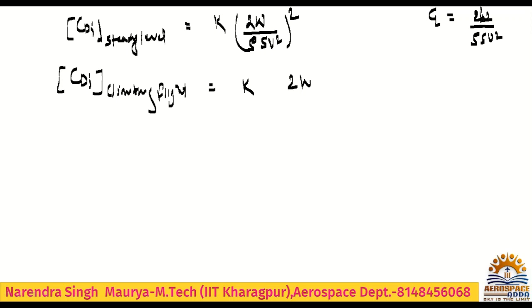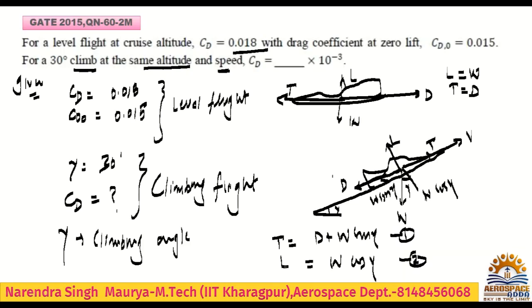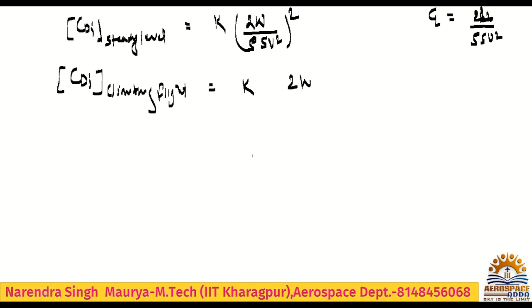The basic formula for CL is 2L divided by rho S V square. But L is equal to W, hence I have written W. But for the climbing flight, L is nothing but W cos gamma. So I will write 2W cos gamma divided by rho S V square. I hope you understood this.